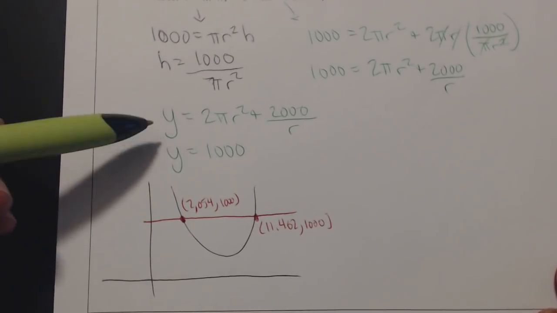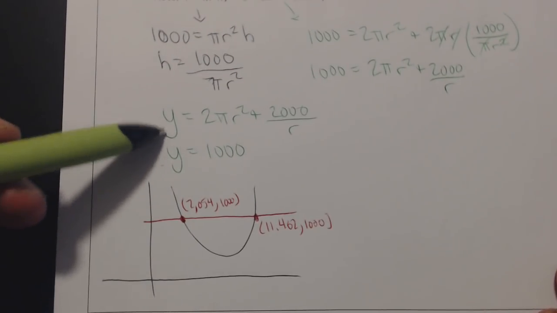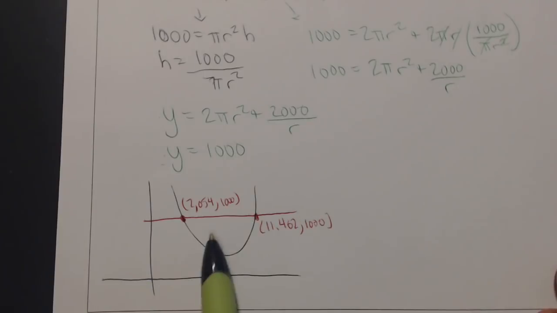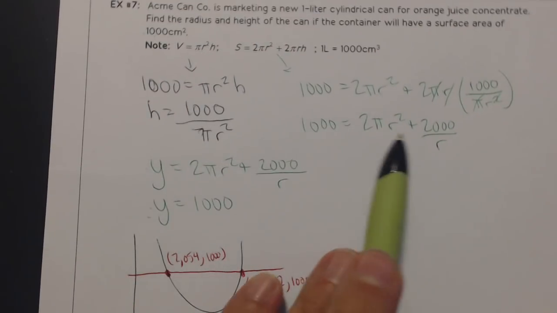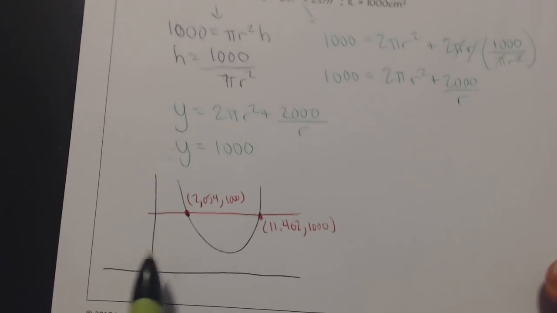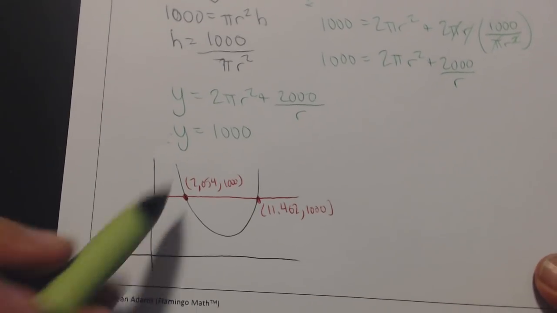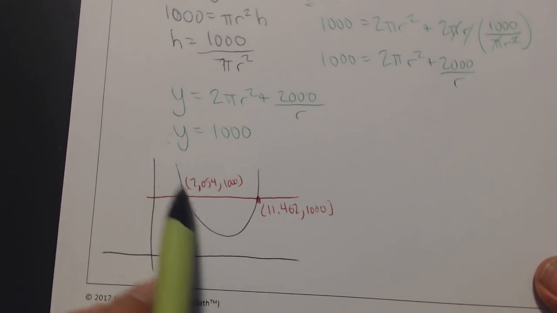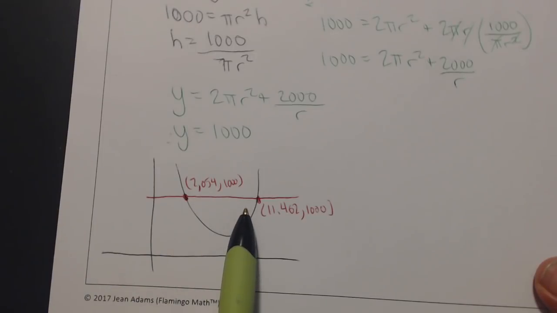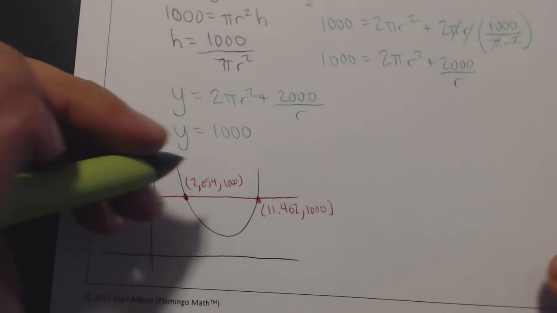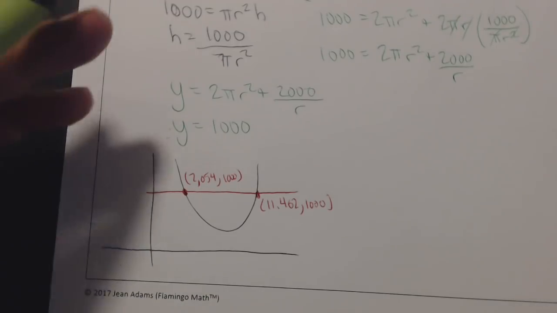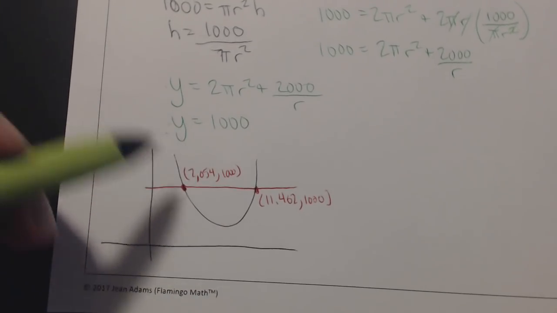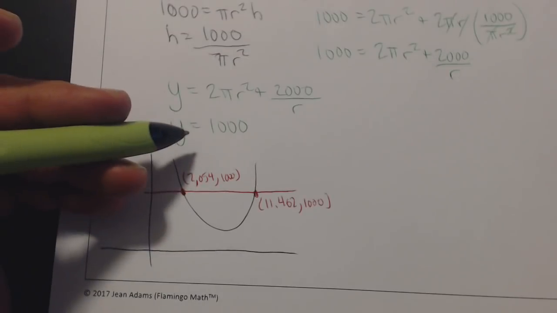Now let me repeat that one more time. I chose this equation because I'm trying to find out when it is 1,000 twice, because of my volume and my surface area. When you graph it, you can use a window from 0 to 50 on the x-axis and 0 to 1,200 on the y-axis, and it'll fit in here.